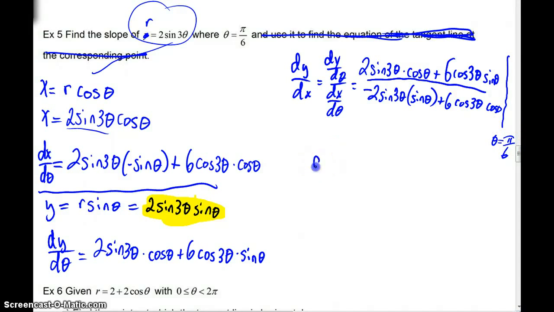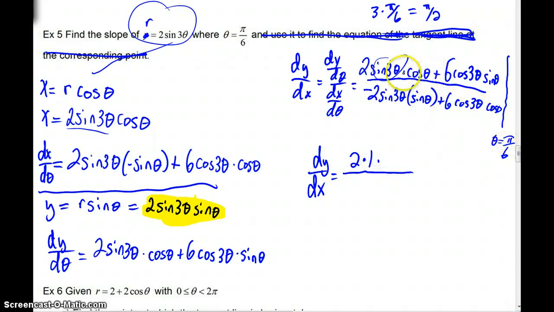Let's do that real quickly. dy dx, the slope of the tangent line. We'll plug in pi over 6. 3 times pi over 6, by the way, is pi over 2, isn't it? And the sine of pi over 2 is 1. So I'll say 2 times 1.